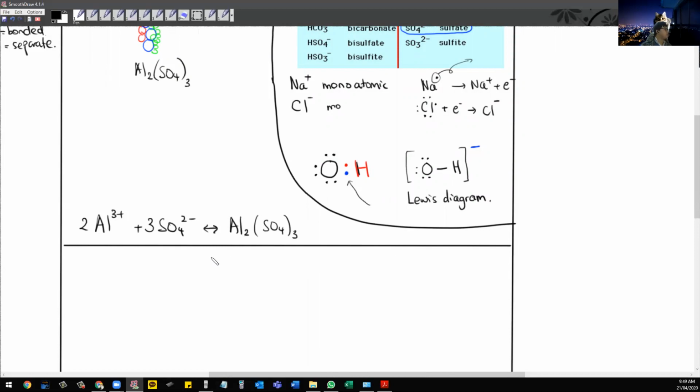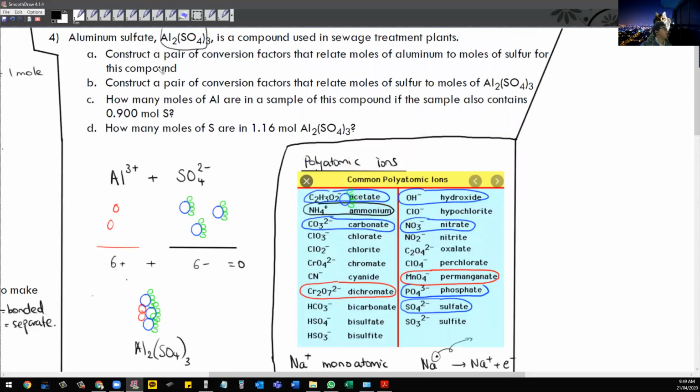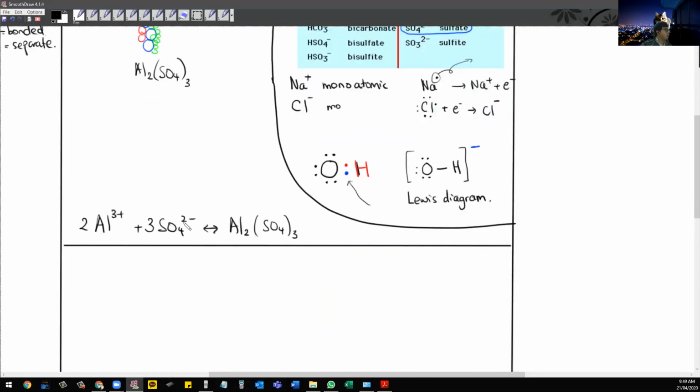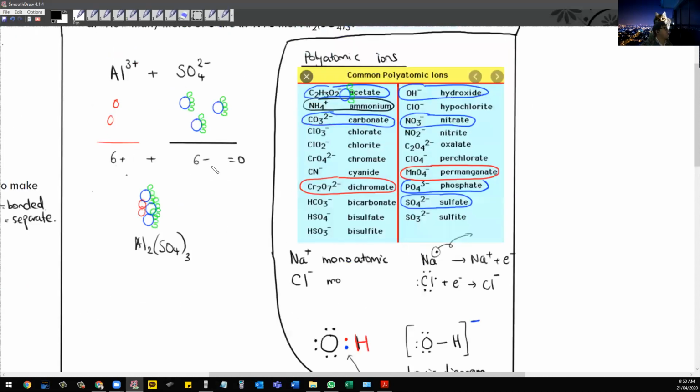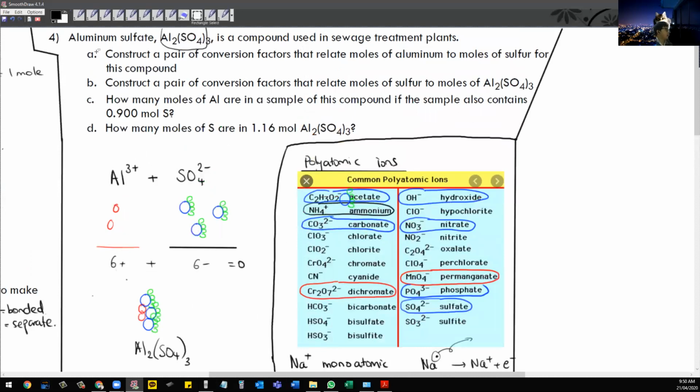Now, however, we don't care in this question. We don't care about the charges. We just care about their ratio, like how many sulfurs are there when there is this much oxygen, how many aluminiums are there when there is this much, whatever. So let's take a look at the first question.